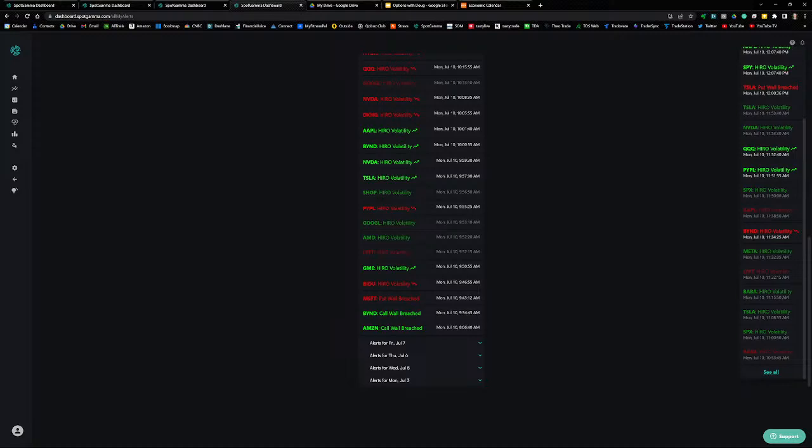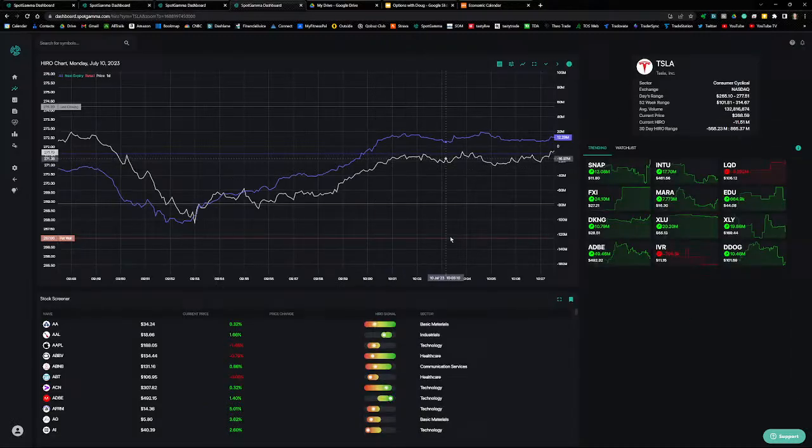So the first one that I want to take a look at is this alert for Tesla at 9:57. And green, I assume that is a bullish alert. SpotGamma has not talked about these yet. Expect they will soon. But anyway, let's take a look at Tesla.